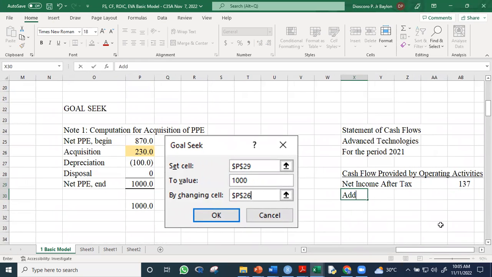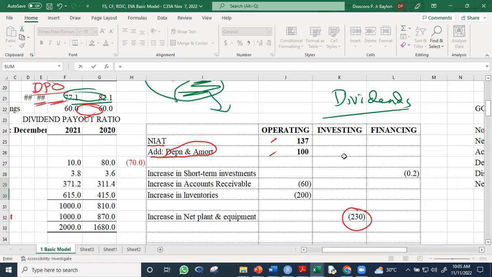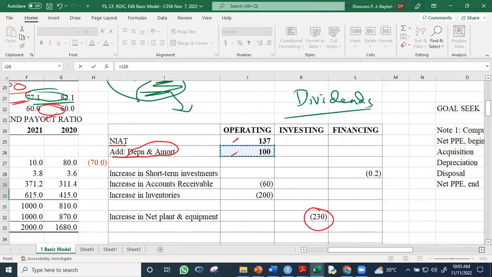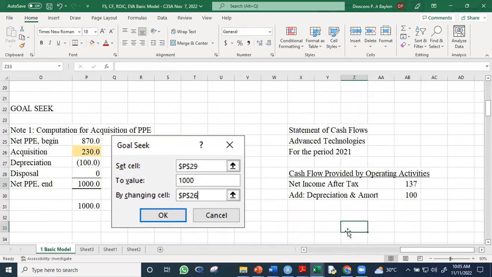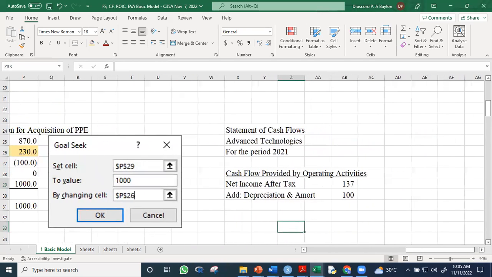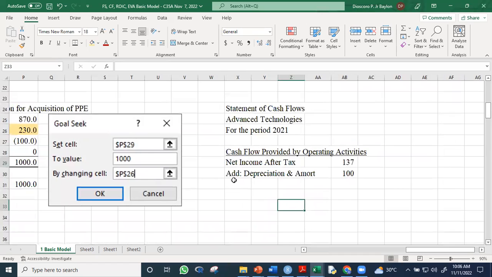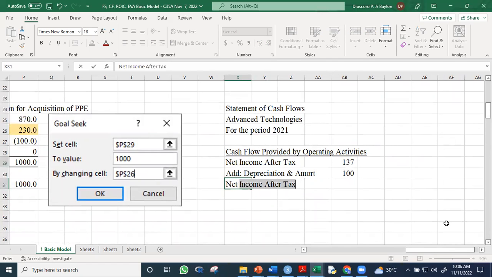And then we add. So this is equal to. Okay. So we have here net cash flow.